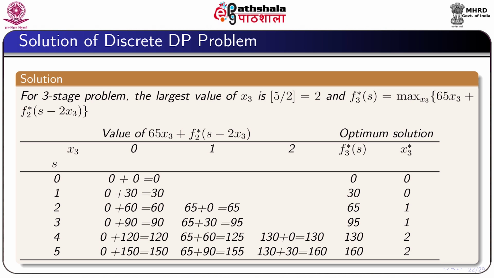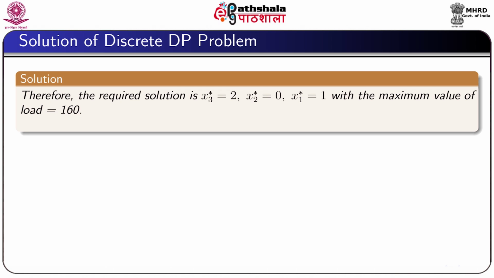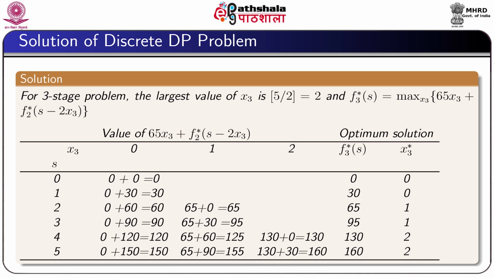Proceeding similarly, we find the values for the 3-stage problem as shown in this slide, and from these results we see that the optimum solution is x3 equal to 2, which is obtained from the last table. From the last row, we see that x3 takes the value 2 giving the maximum value 160.